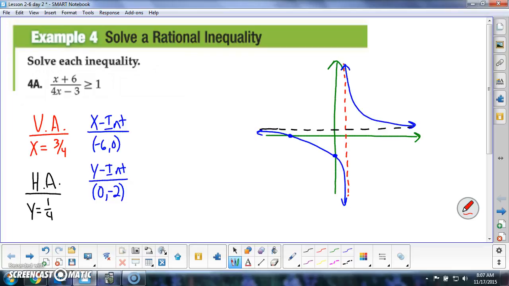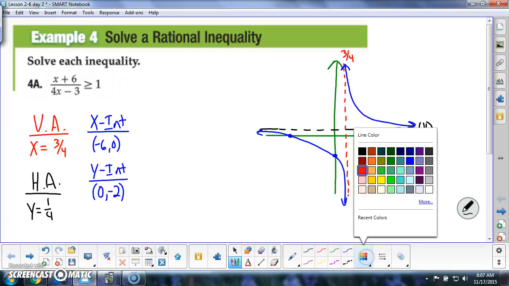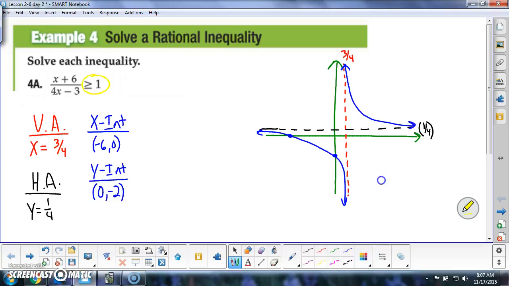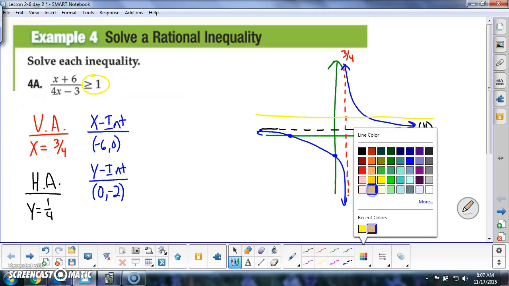Now keep in mind that this vertical asymptote is at 3/4 and the horizontal asymptote is at 1/4. And now what they're asking us to do is tell us when it's greater than 1. So I'm going to draw a horizontal line at 1. And when is this graph above that yellow line?